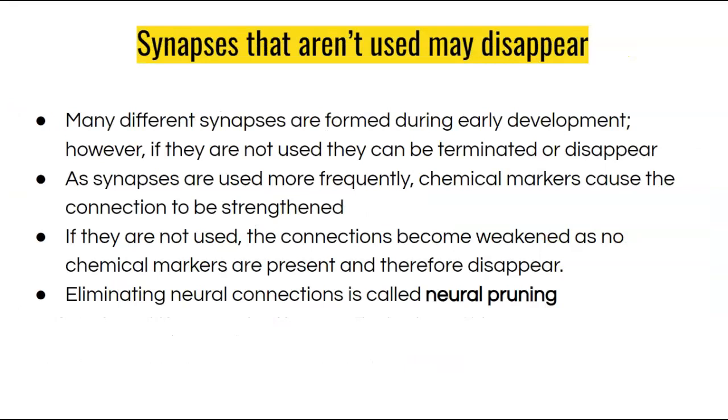Now, you make tons of connections. I mentioned that neurons like to reach out and make as many connections as they can. Some are favorable, some are unfavorable, but a lot of the synapses formed during early development, if they're not used, will just start to disappear. So this is why you never forget how to ride a bike.